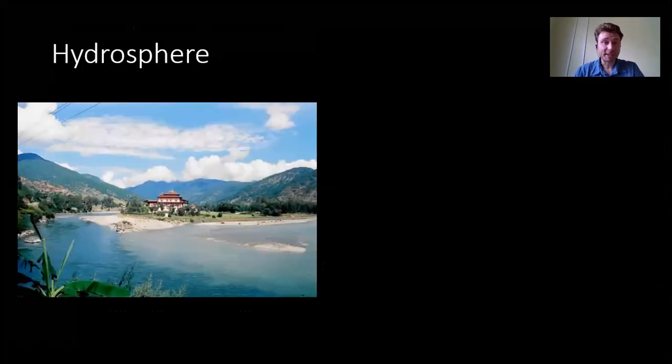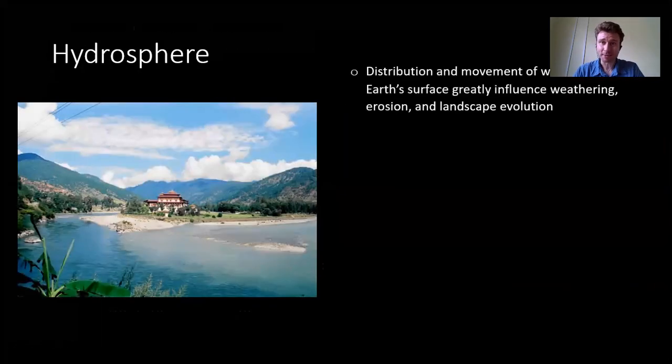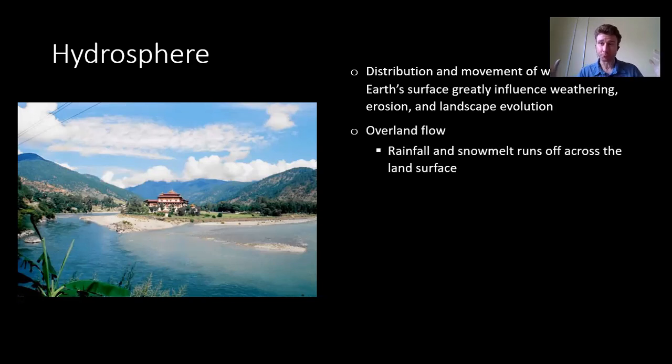Okay, so our next step, right, our hydrosphere. Things to consider, right? The hydrosphere, it's the distribution and movement of water across Earth's surface that can greatly influence our weathering, our erosion, and our landscape evolution. We can talk about things like overland flow, where rainfall and snowmelt runs across our land surface, and things like infiltration rates, right?